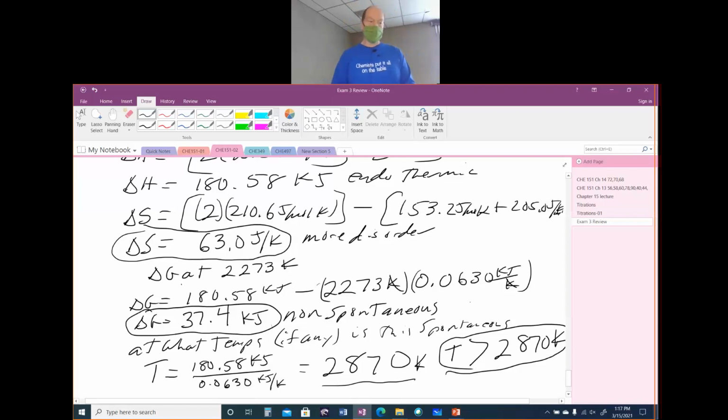All right, we need to find our K value. This is non-spontaneous, so we know that there's not going to be very many products. We're going to have a low KEQ value, a small KEQ value, a number less than 1 for the KEQ.